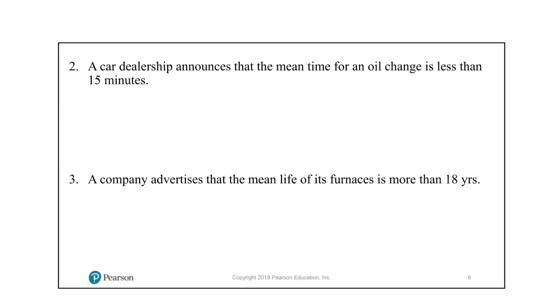A car dealership announces the mean time for an oil change is less than 15 minutes. Again, that says mu less than 15, which would have to be the alternative. Mu greater than or equal to 15 would be the null. And this was the claim here.